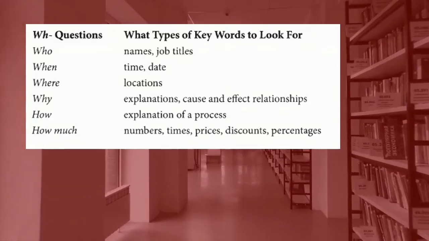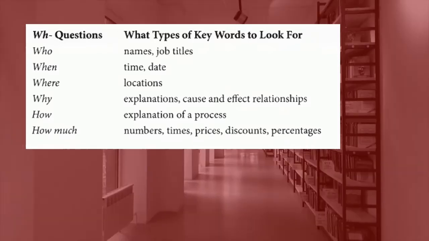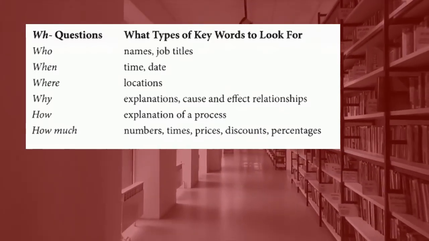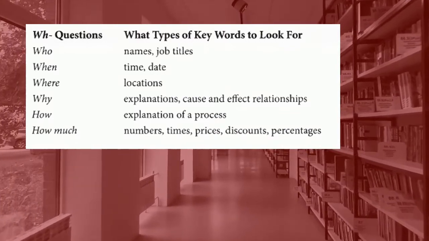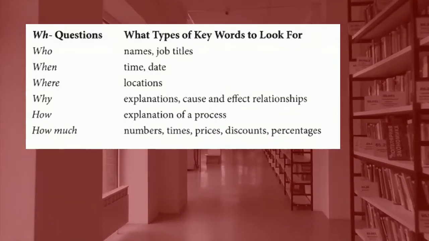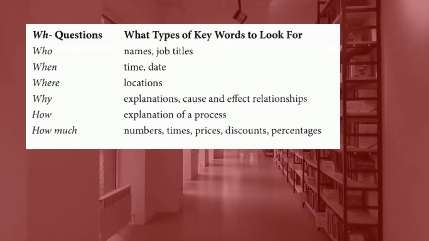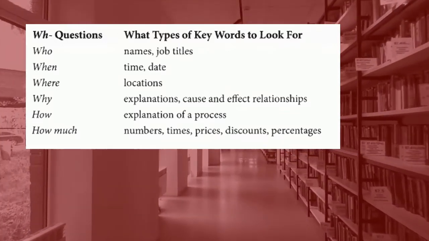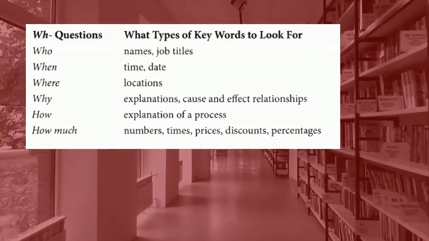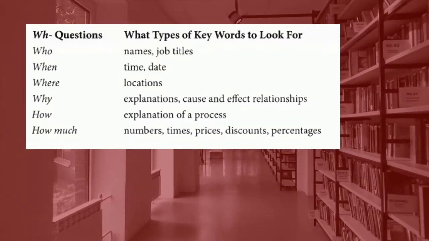If it's when, it's time or date. If it is where, then probably they are looking at an office location. Why is explanation, cost, and cause and effect relationships. For how, it's an explanation of the process. And how much is the number of times, prices, discounts, or percentages.